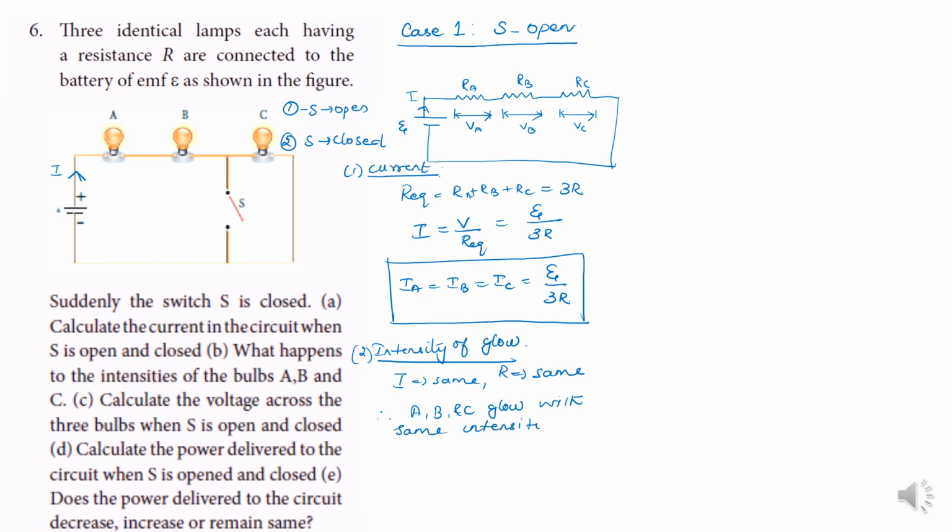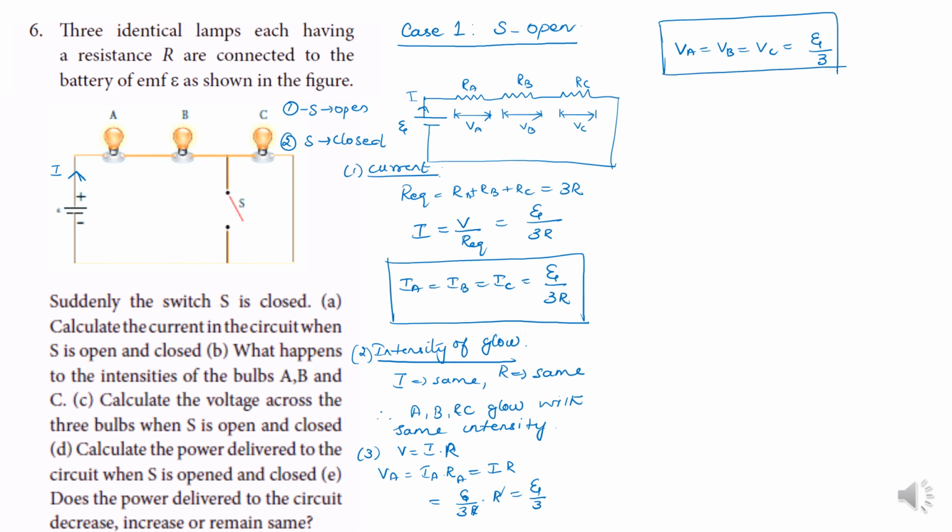And the third one is calculate the voltage across each bulb. So voltage V is equal to I into R. So VA is equal to IA into RA, which is R. I was epsilon by 3R into R, which is epsilon by 3. So VA is equal to VB is equal to VC is equal to epsilon by 3.